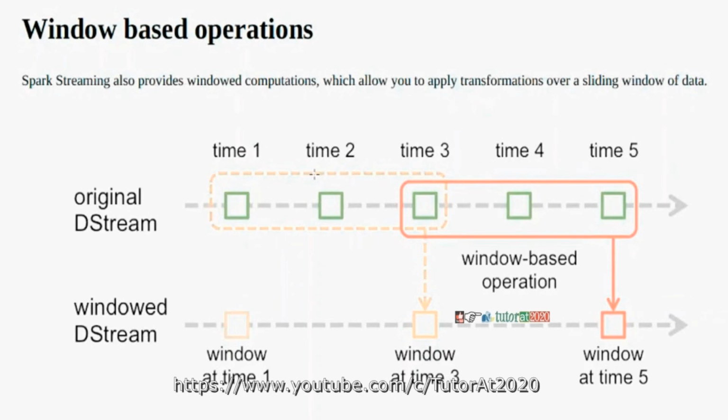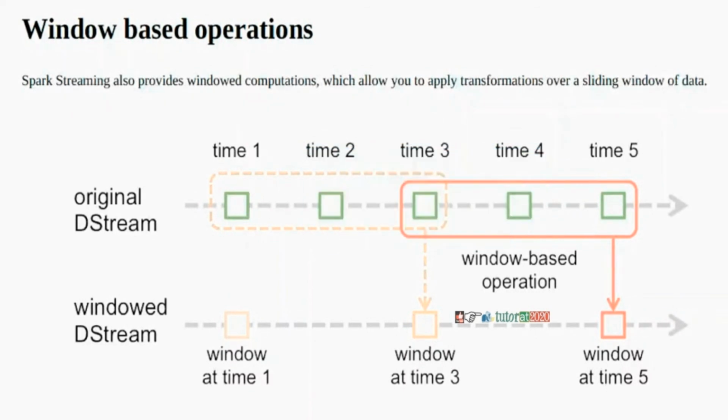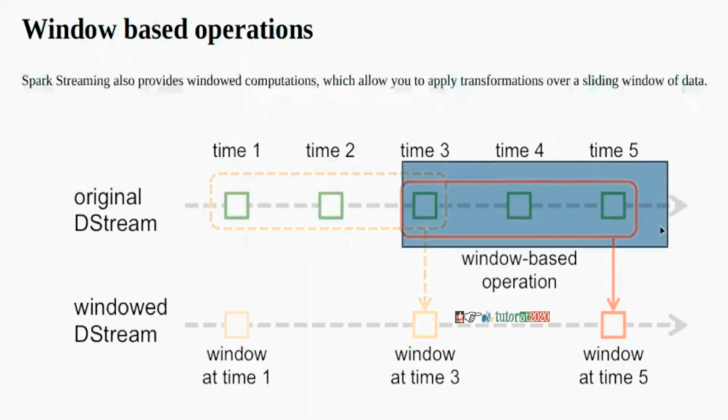So it's going to take time 2, time 3, and then time 4. Okay, so you are going to create a micro batch which encompasses these 3. So you are skipping ahead by 10 seconds. So after 10 seconds, you are going to do the reduce count again, and then after 10 seconds, you'll do the reduce count again. So you are sliding this window by every 10 seconds.